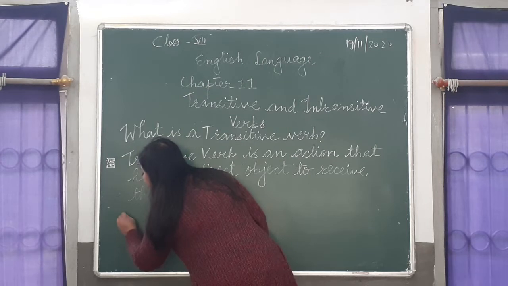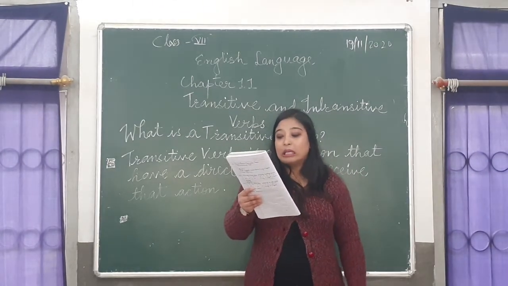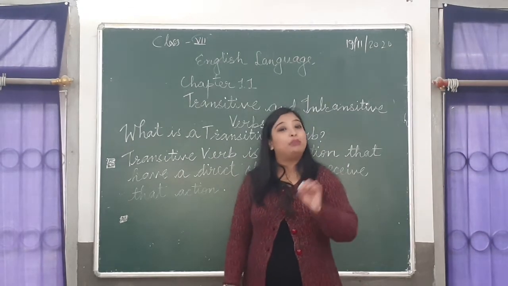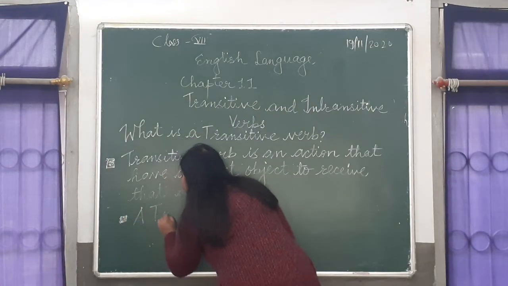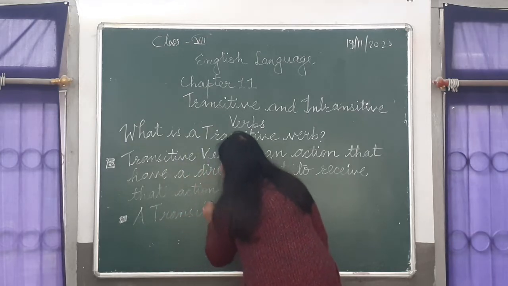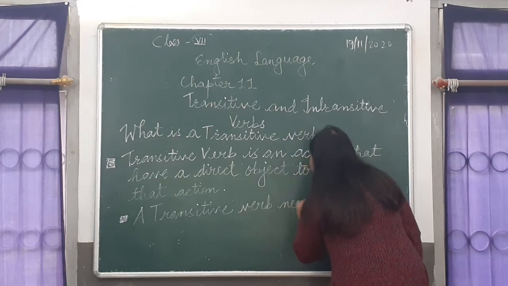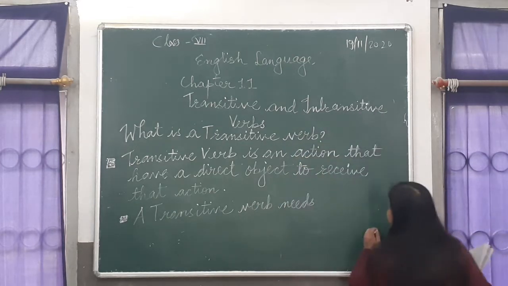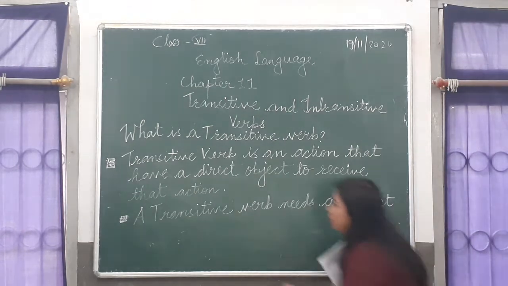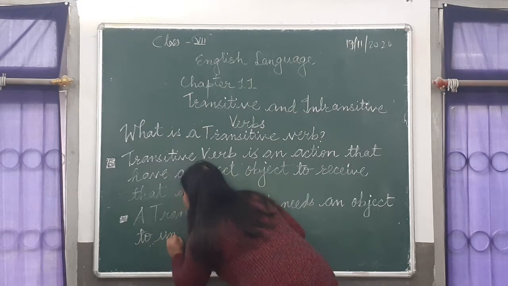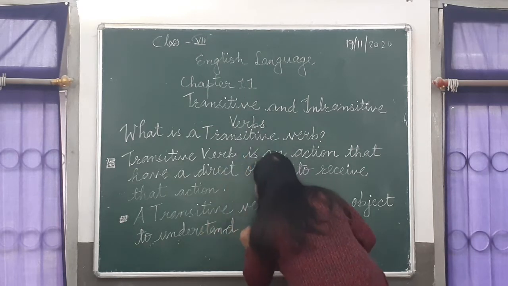You don't have to remember this kind of complex definition, just remember a transitive verb needs an object to understand the complete meaning of a sentence.